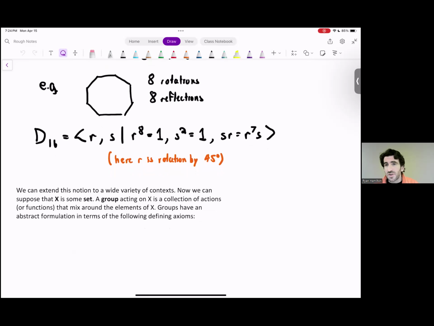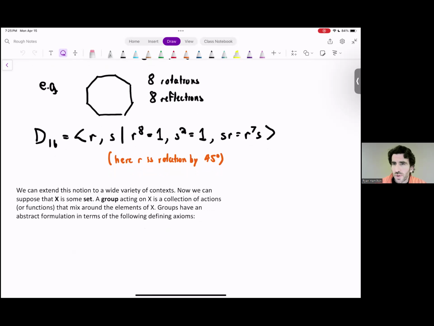So we start off with a set. I'm going to call that set capital X. We don't have to define what a set is. Actually, that's a very complicated thing to do. All you need to think about is it could be a couple of vertices. It could be a bunch of real numbers. It could be like the x-axis or the real line. It could be a shape. It could be really anything. It could be a collection of pebbles on the beach.